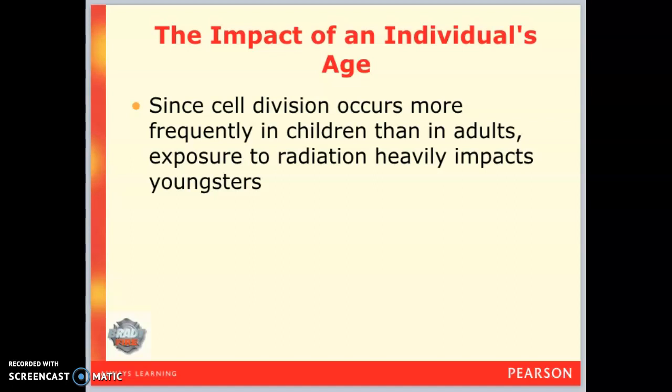And that affects the young much more so than the old. Because younger children have more cell replication, they're growing, they're dividing more cells, they're getting bigger, they're creating more cells. And as a result, if a mutation does occur, that is going to be propagated much more frequently in a child than it is in an adult.